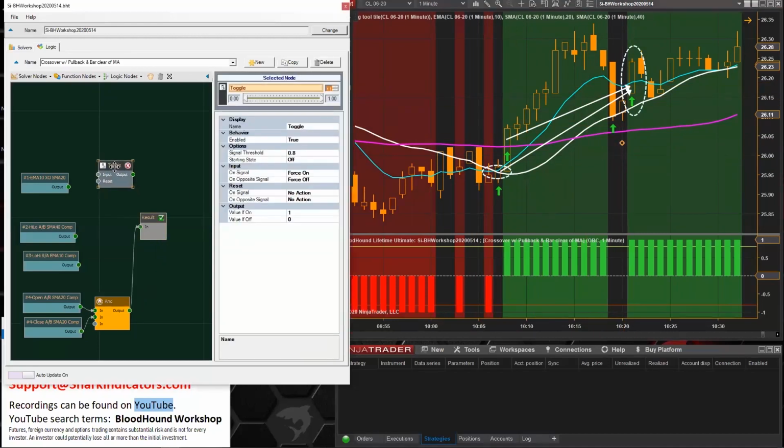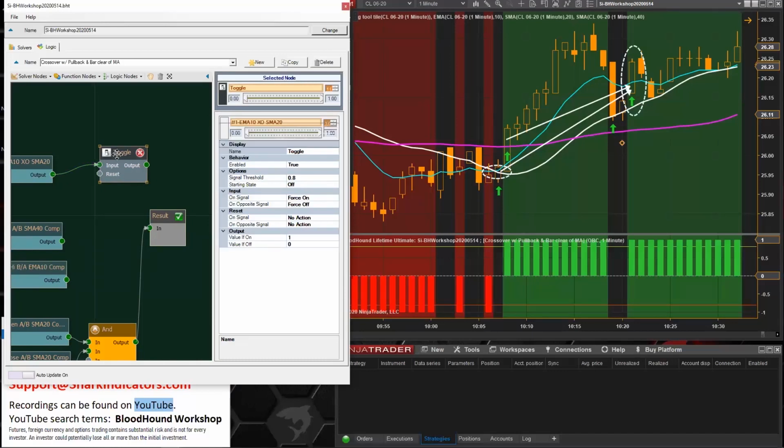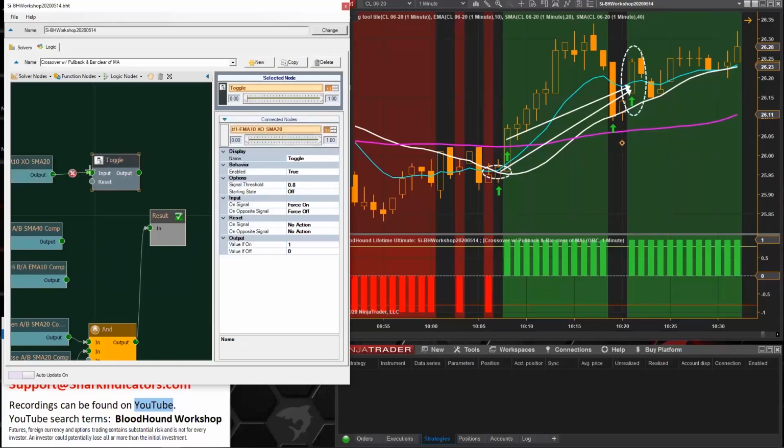And so I could use that to turn the toggle node off, because remember, the toggle nodes have a reset connection. A reset basically turns the toggle node back to an off position, if that's what we want it to do. So we could take the crossover and feed it in there.